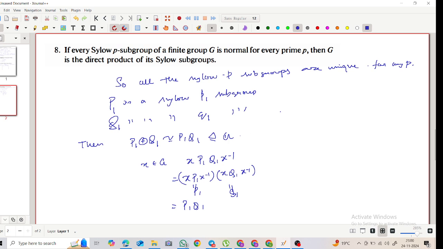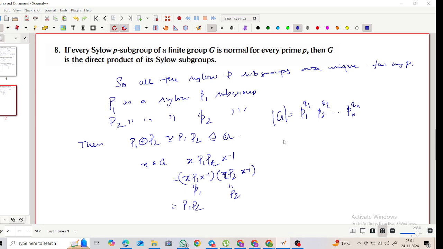Suppose order of G is p1 to the power q1, p2, up to pn to the power qn, okay?